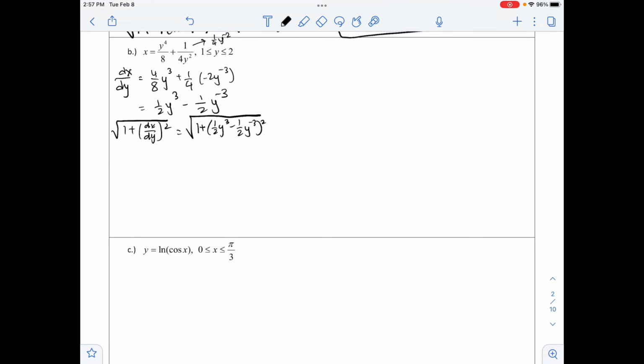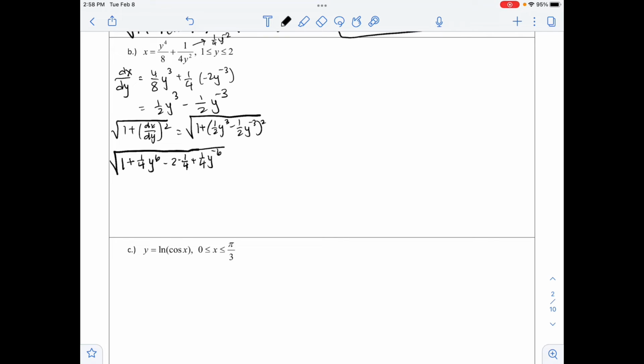And multiplying this out, we have the square root of 1, and squaring that second part, we end up with plus 1/4 y to the 6, minus 2 times 1/4, those y's would cancel, which is nice, plus 1/4 y to the negative 6th.